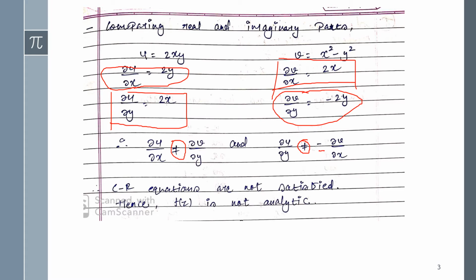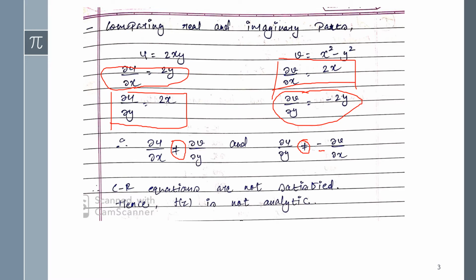If the CR conditions are fulfilled, then the given function is said to be analytic, and if they are not satisfied, like in these examples, then the given function is not analytic.